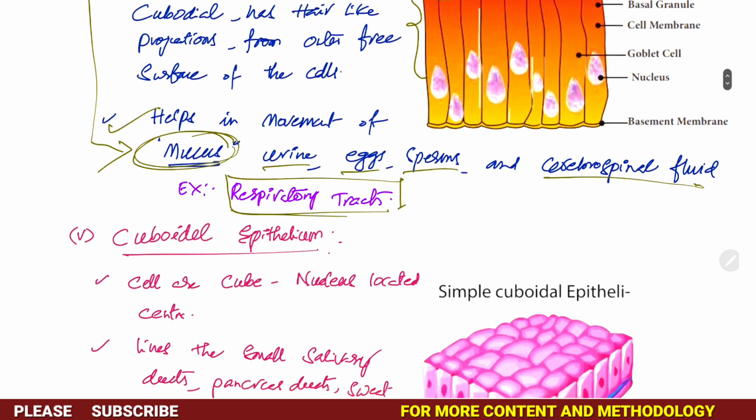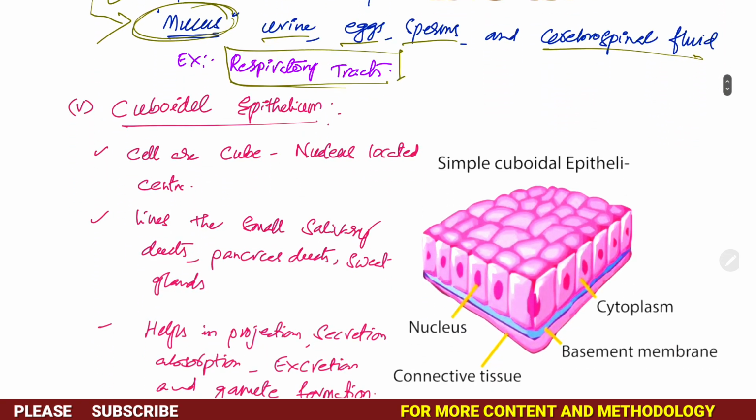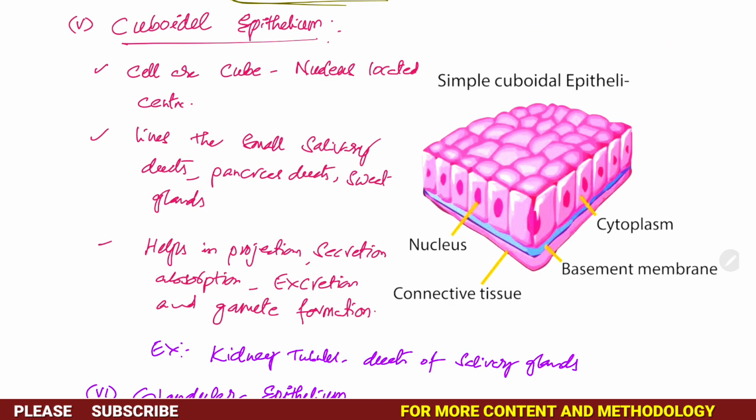The next one is cuboidal epithelium. What does cuboidal epithelium mean? In this tissue, cells are as long as they are broad and appear like a cube. In these cells the nucleus is centrally located.